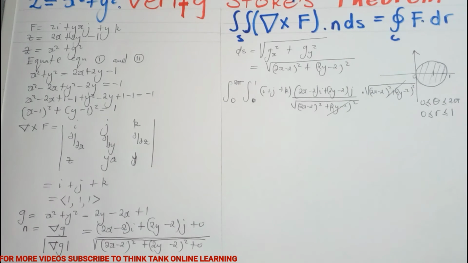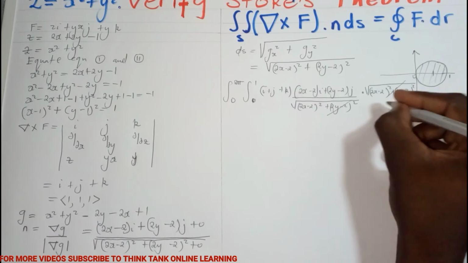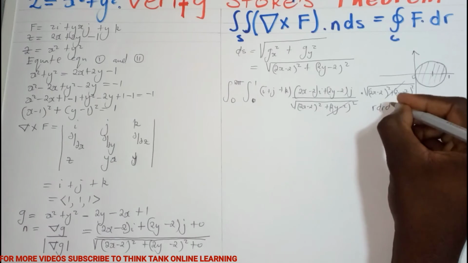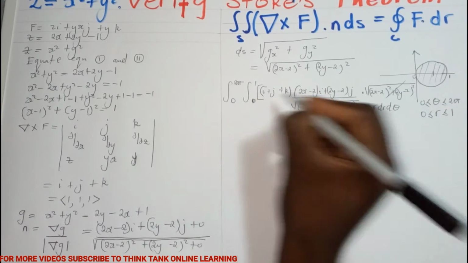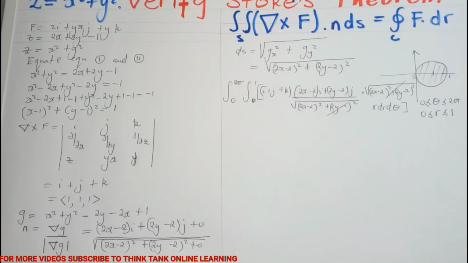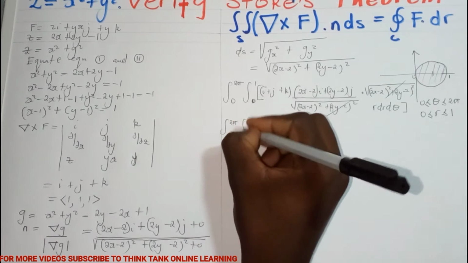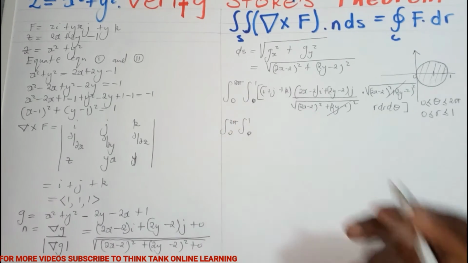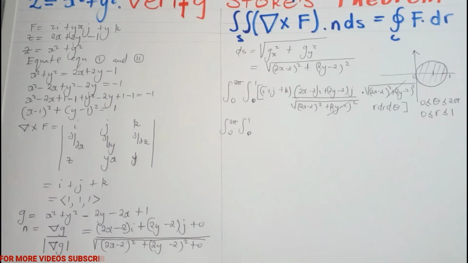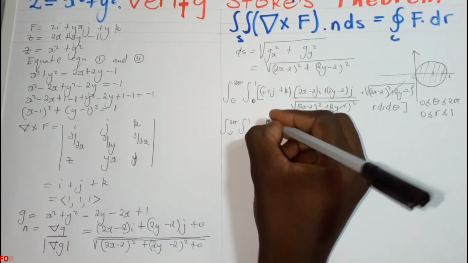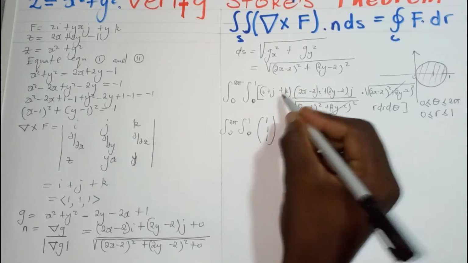Now suppose I don't have space here, I should have written r dr d theta. So I'm going to rewrite: the curl is 1, 1, 1.